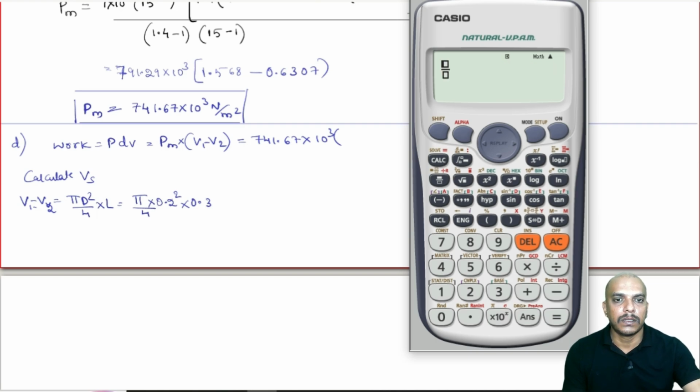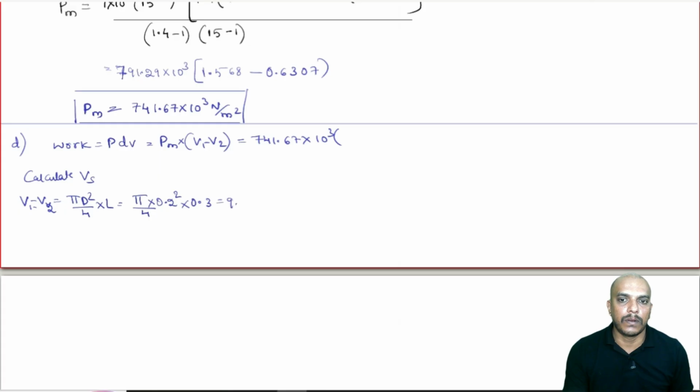So that is 9.424 into 10 power minus 3 meter cube. Okay, so I will come back here and substitute this value, 9.424 into 10 power minus 3.